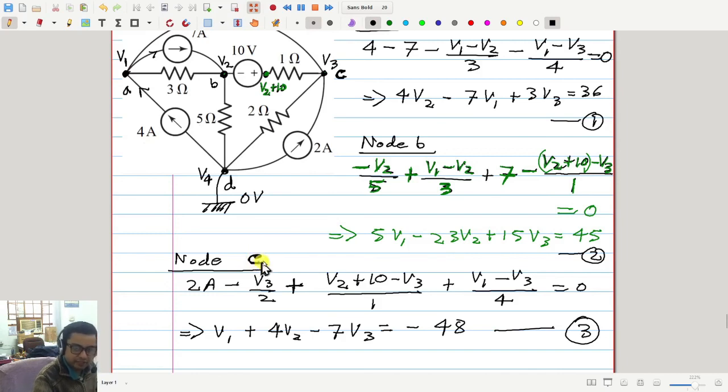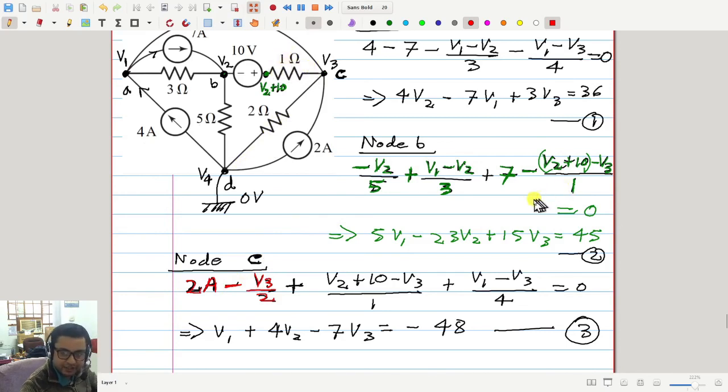Yes, I am repeating. Starting from this 2 ampere current source, current is entering, so we have 2 ampere coming in. Then through this 2 ohm resistance, V3 divided by 2 is going out, so that is minus. Then through this 1 ohm resistance, how much current is coming in?